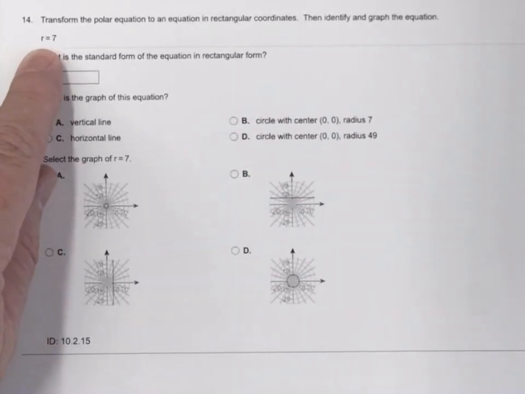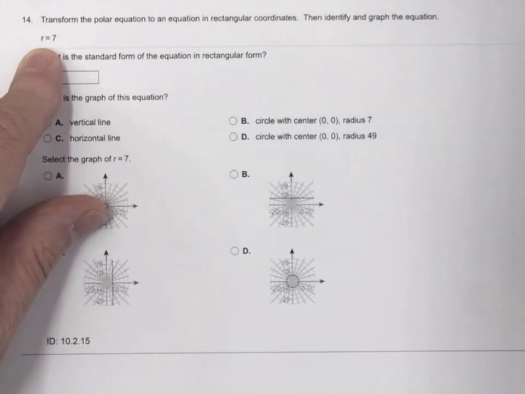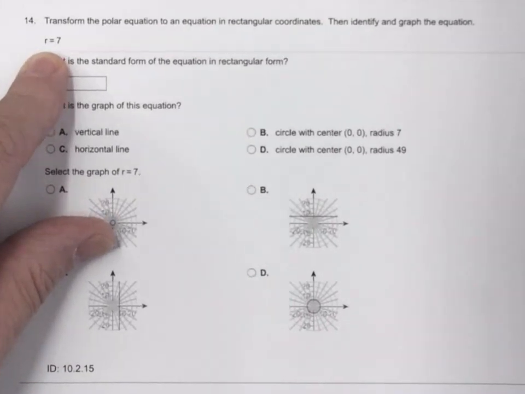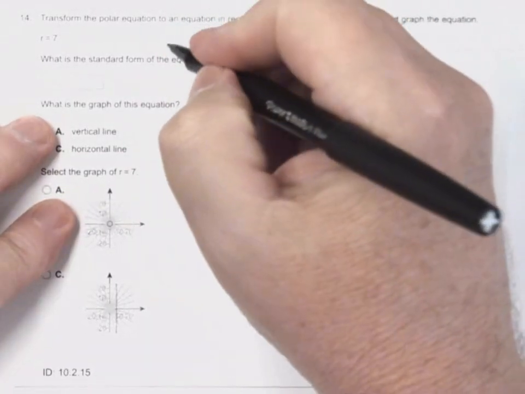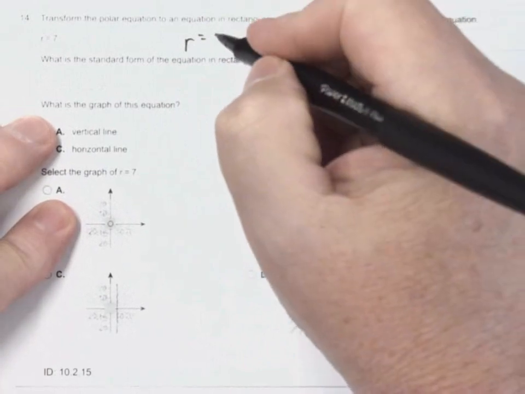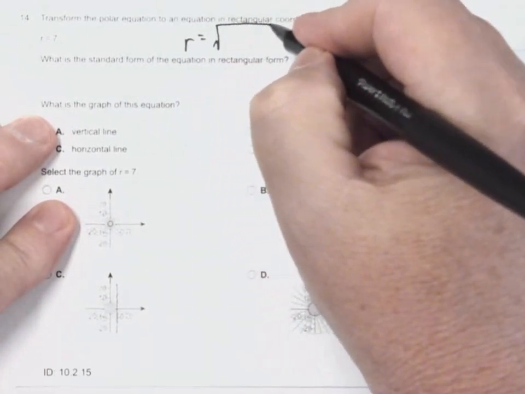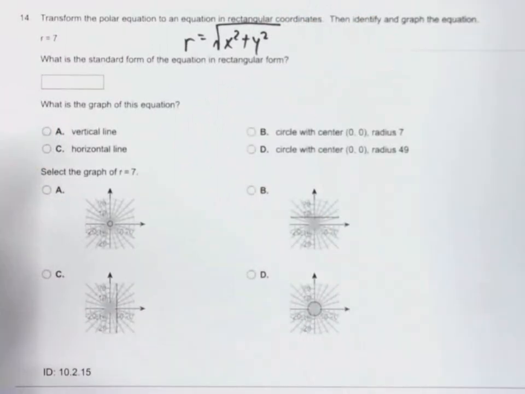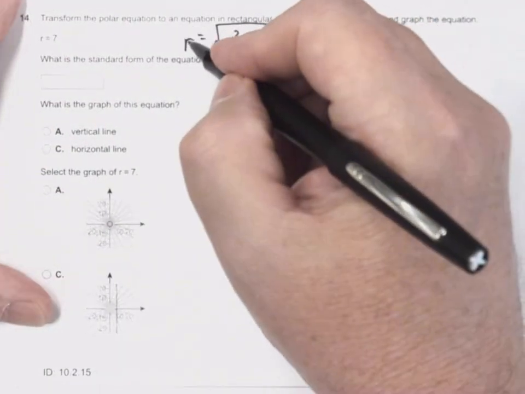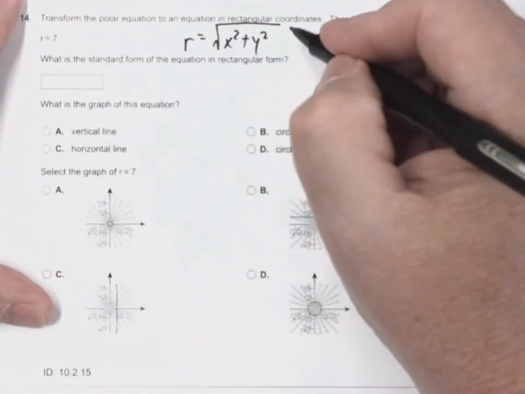We want to rewrite this equation and not have r there, but convert it to x and y. So the way we can do that is, if r equals the square root of x squared plus y squared, let's just replace r with 7.